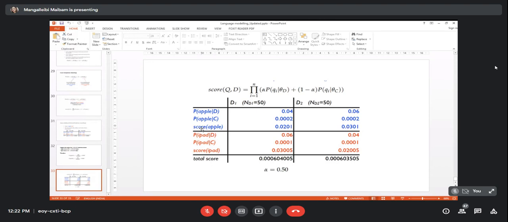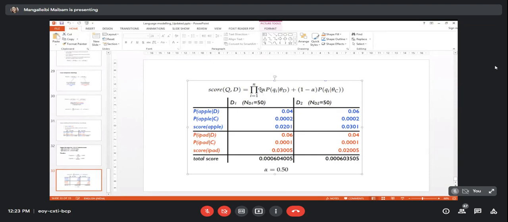Now, the score. We have to use this formula to get 0.0201. The product is over the query terms. Alpha is 0.50, a constant value; this is a changing parameter. The probability for the query in the document is 0.04.